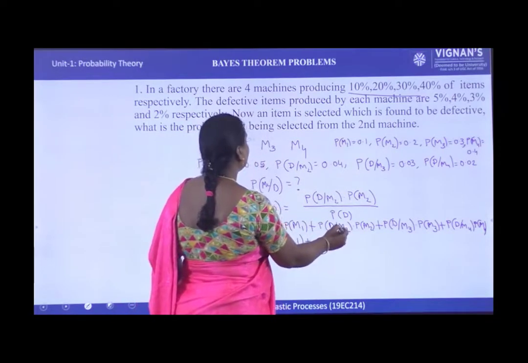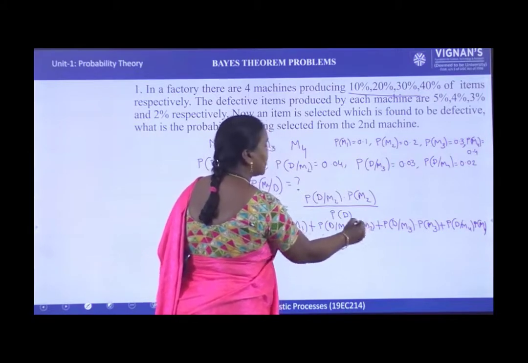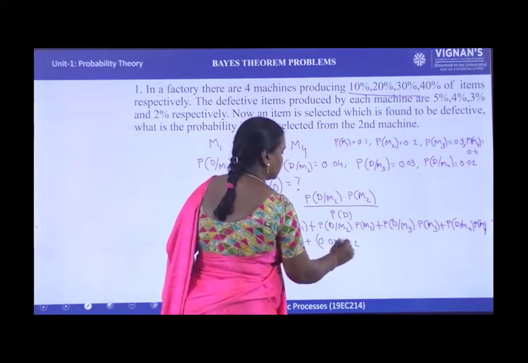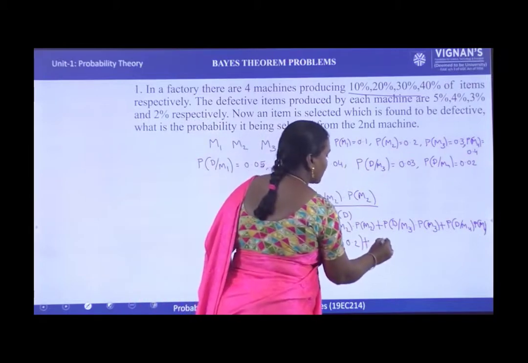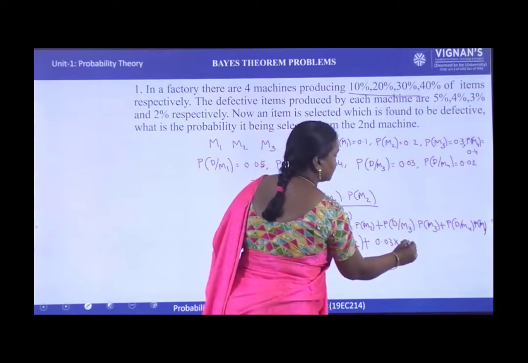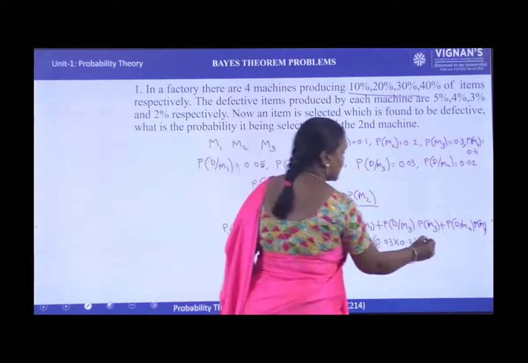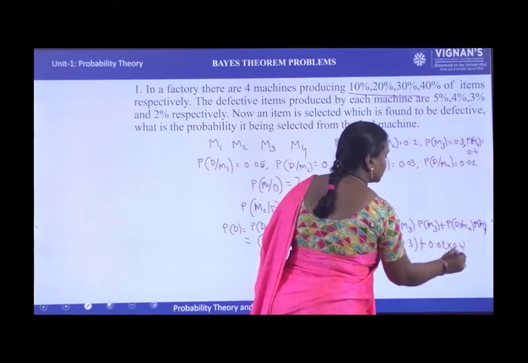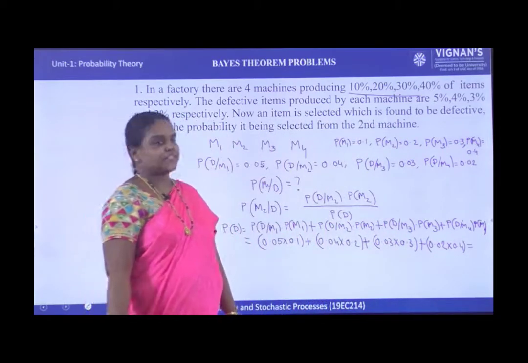P of D by M2, 0.04 into what is the probability of selecting machine 2 product? 0.2 plus what is P of D by M3? 0.03 and machine 3 selection 0.3 plus 0.02 into 0.4. So on solving this you will get the probability of defectiveness.